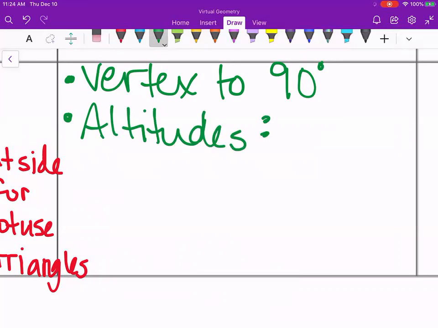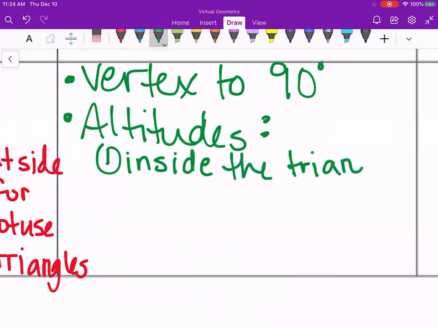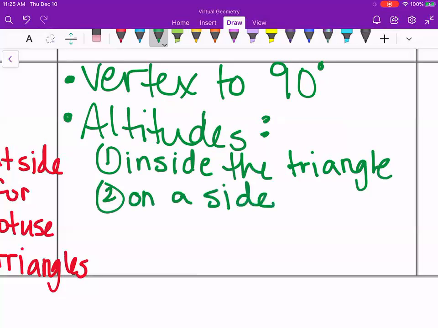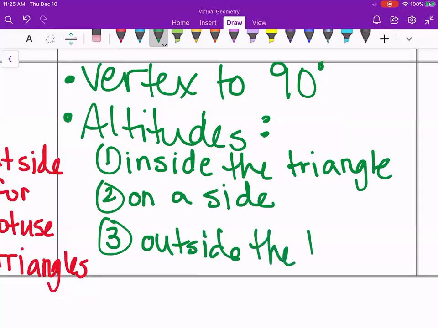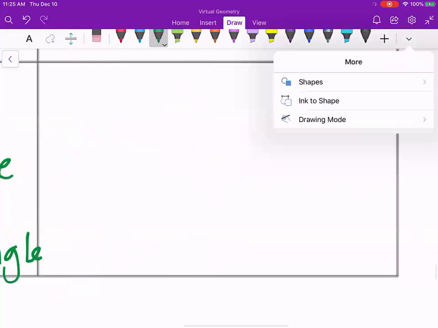This is where we said they could be inside, on a side, or outside the triangle. So let's take a look at what that might look like for our different kinds of triangles here.